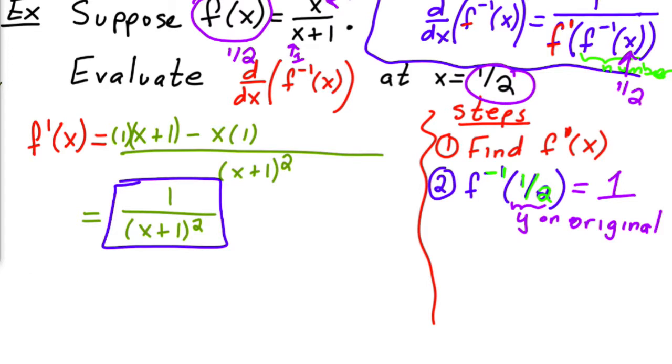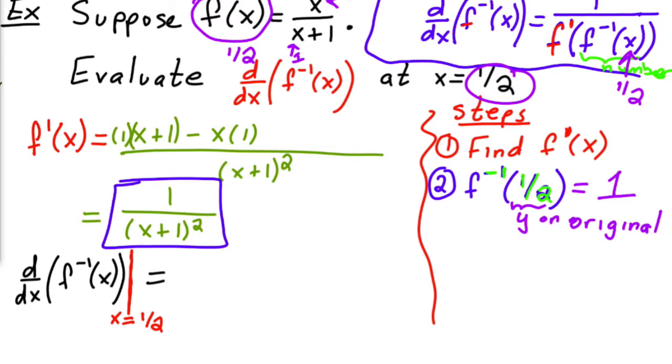So then what I have is the derivative of f inverse of x, and I'm going to put it in a common notation right here. So if you put a vertical line like this and you write x equals 1/2, what you're saying is that the derivative of this function evaluated at 1/2.